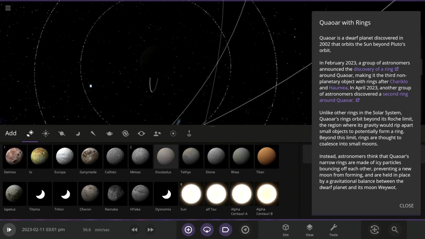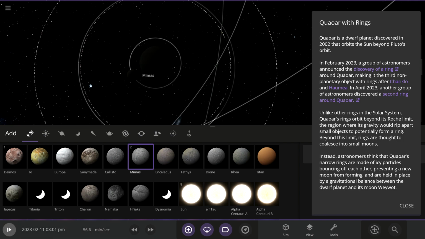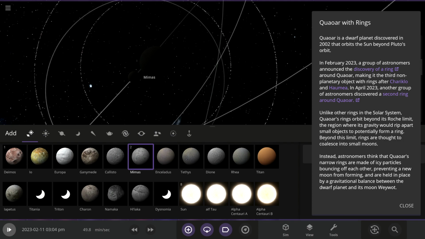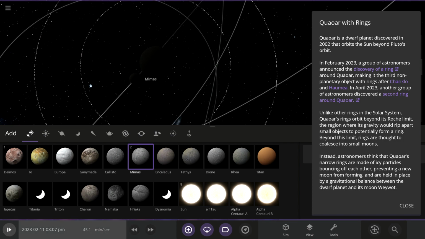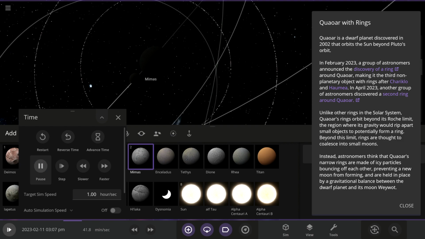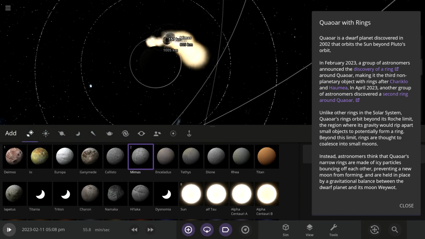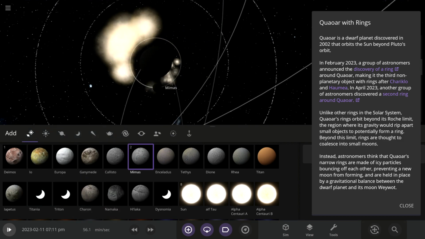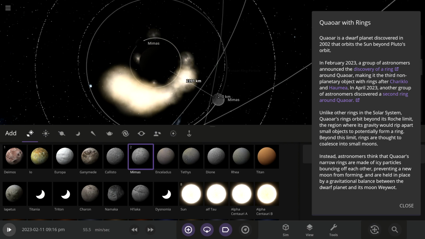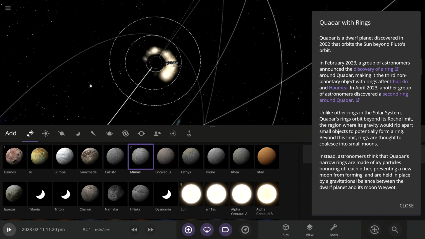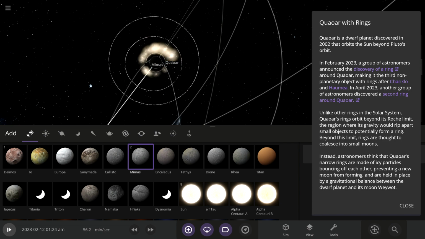Probably gonna need like a Mimas. Yeah, Mimas. Okay, if we put Mimas like here, oh wait, yeah, I forgot that. See, it's getting ripped apart. That's what the Roche limit is. So, if you didn't know. Alright.